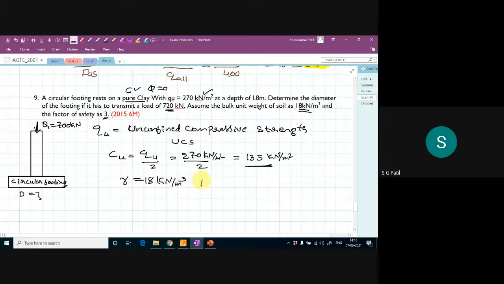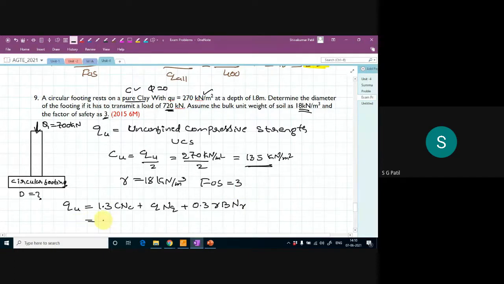And the factor of safety they are asking you to take is 3. Now, what is the formula for the ultimate bearing capacity for the circular footing? 1.3 C Nc plus q Nq plus 0.3 gamma B N gamma.